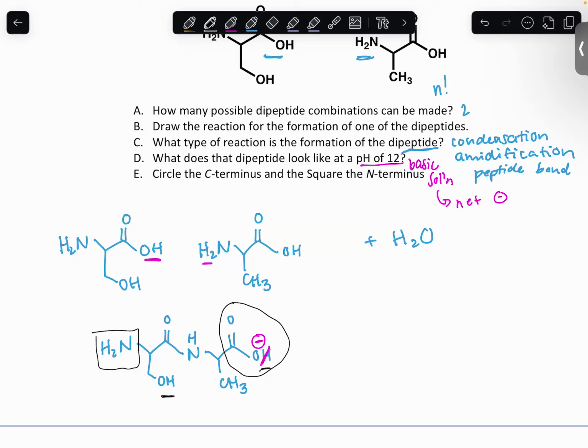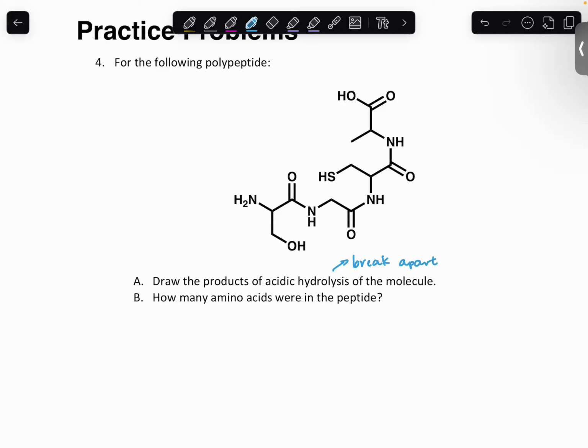So for the following polypeptide, we are going to draw the products of acidic hydrolysis of the molecule. What does that mean? What are we going to do here? We're going to break it apart. Where are we going to break it apart? Yes. So we're going to look for these amides where we have a nitrogen and a carbonyl, and we're going to break in between that.